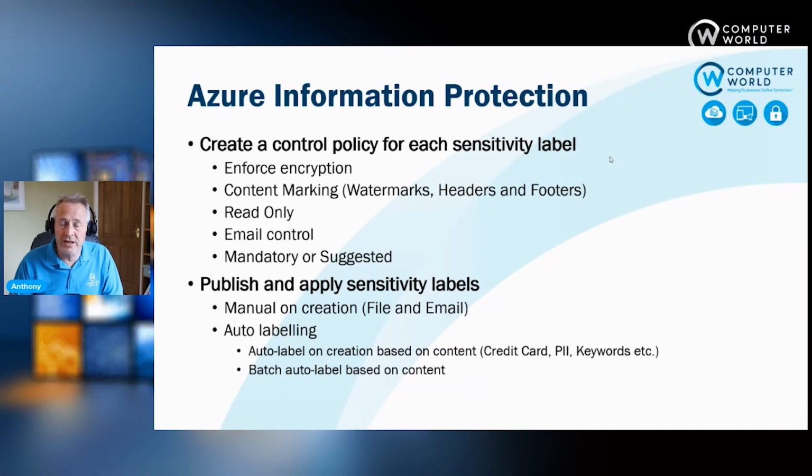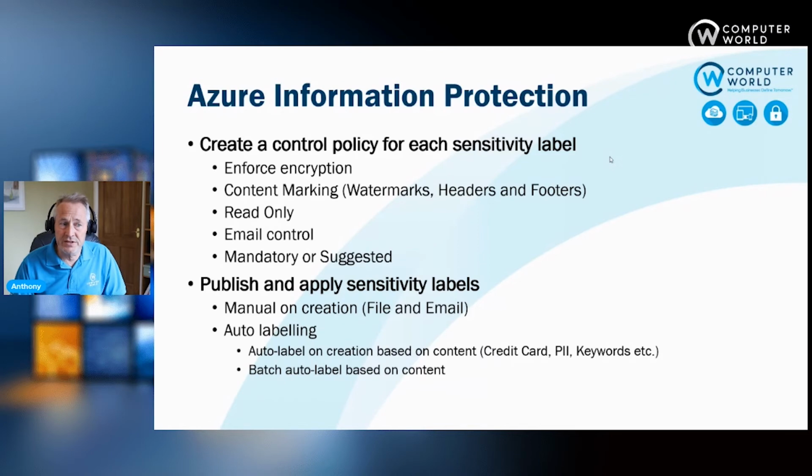We can also build those rules into the manual process as well. So as we're creating an email to send to someone, if we want to identify whether there's a credit card number in there, then the client can do that. And when we go to save that document or send that email, it will say the minimum category that I'm allowing you to send this with is financial data or confidential data, because it contains a credit card number.